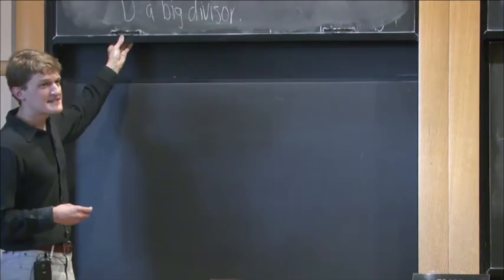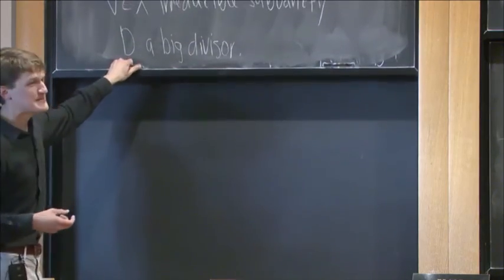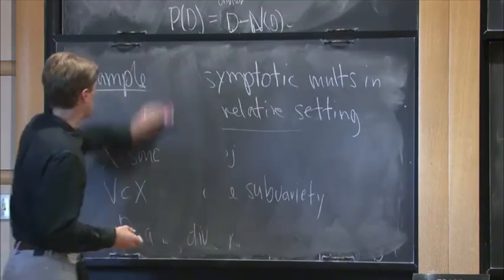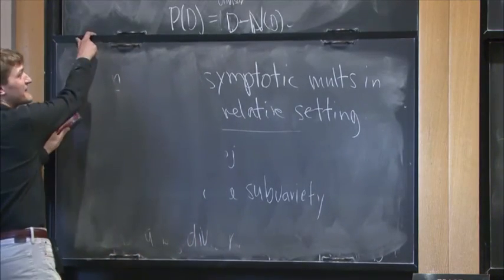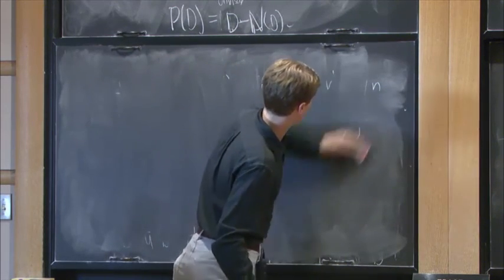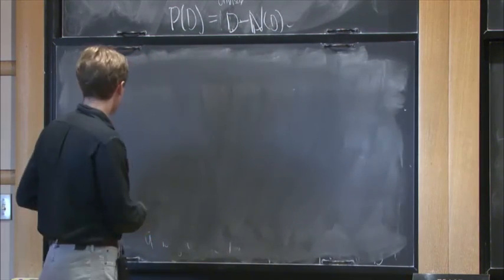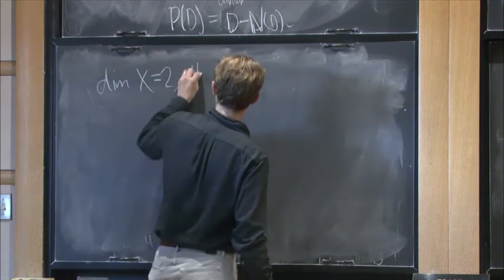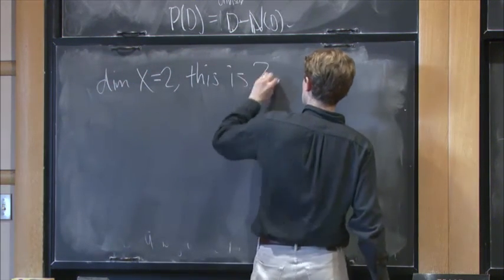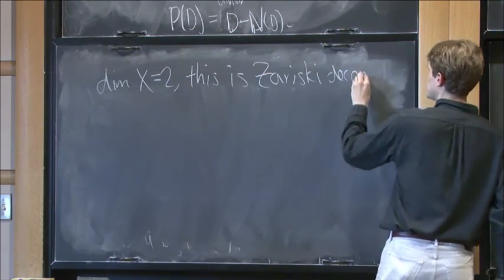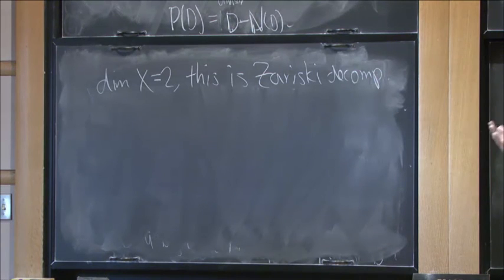And in fact, if X is just a smooth surface, this is a decomposition that you've seen before. This is nothing other than the standard Zariski decomposition of a divisor on a surface. So in higher dimensions, you can use the same definition.